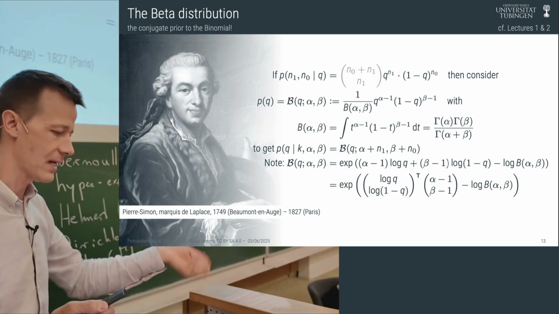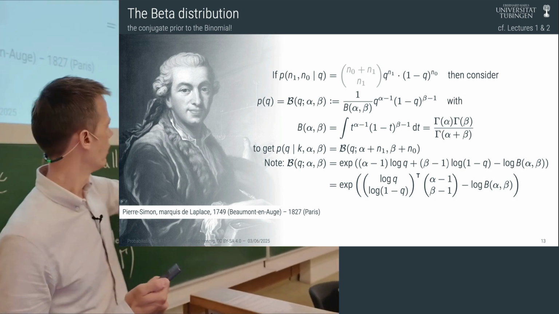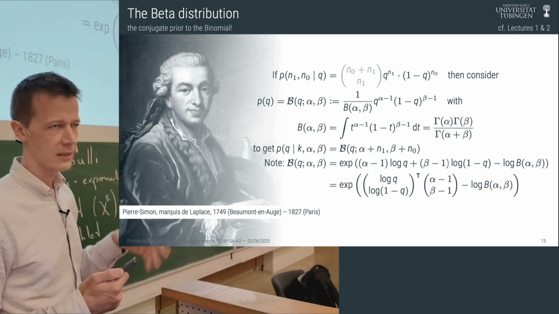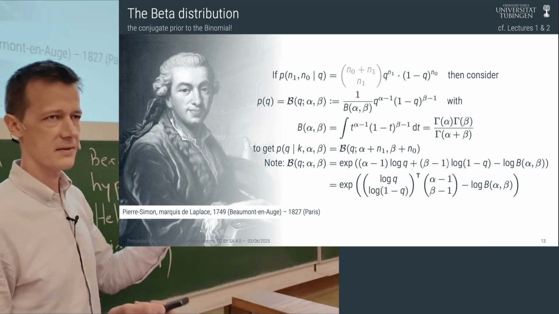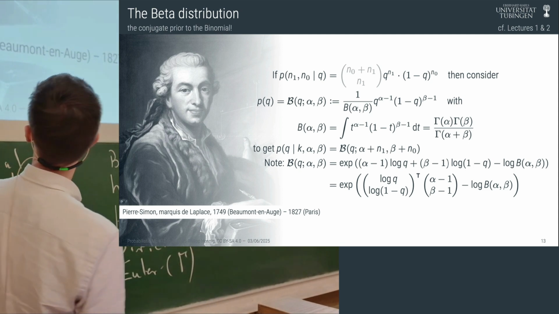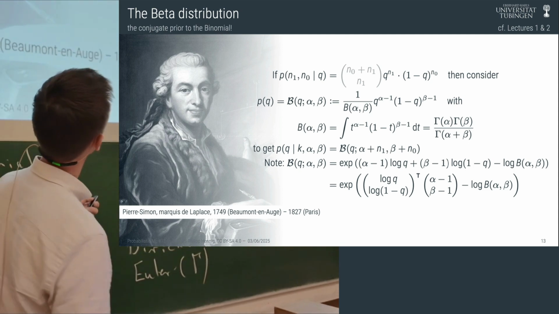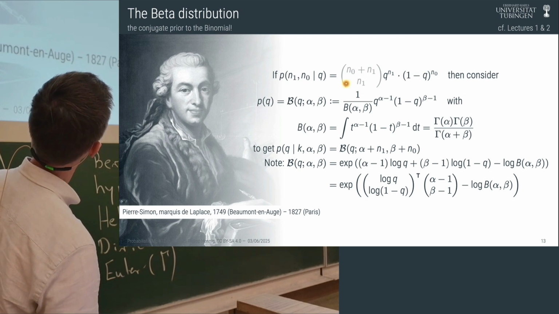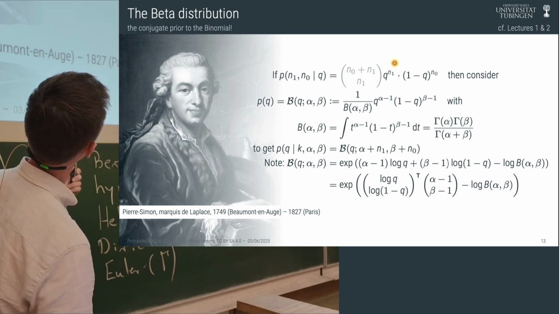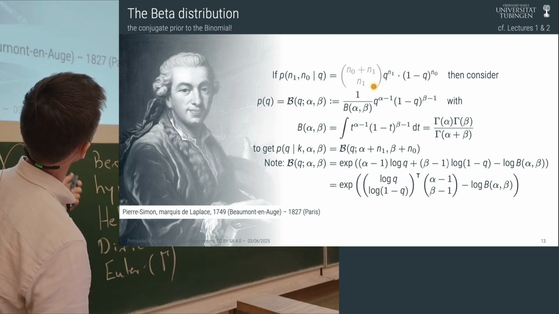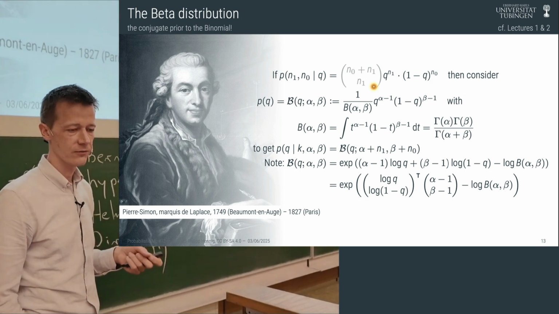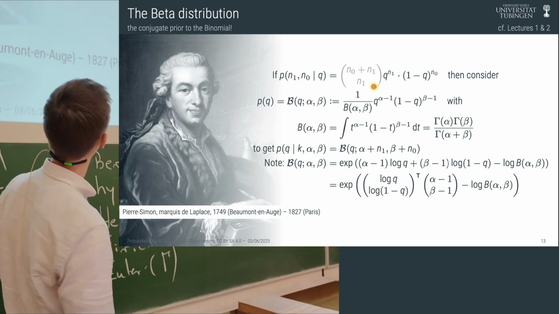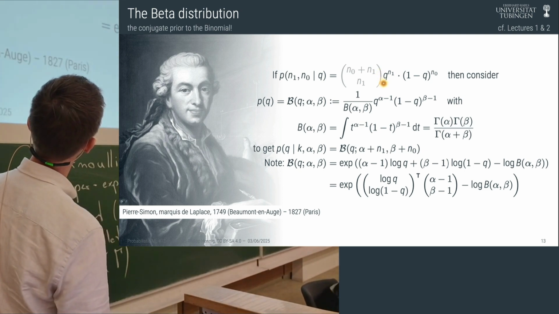So I see something happening. The Aristotelian question: what's the probability for the sun to rise tomorrow, given that you've seen it rise every day of your life, and so on? Well, you have to infer a probability. How do you do this? Well, realizing that this is our likelihood, our binomial distribution for the number of successes n1, given that we've seen n0 plus n1 experiments, we want to know q.